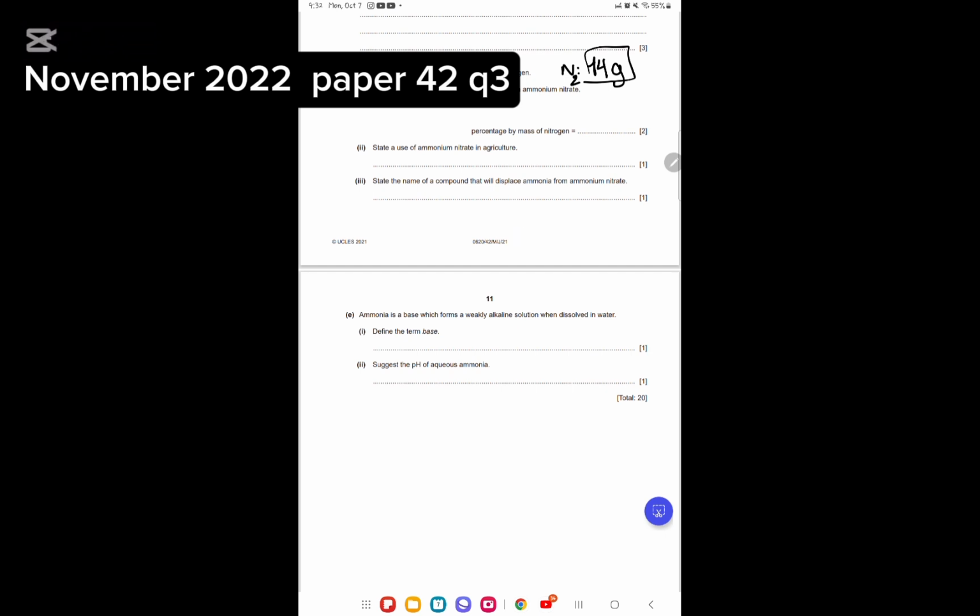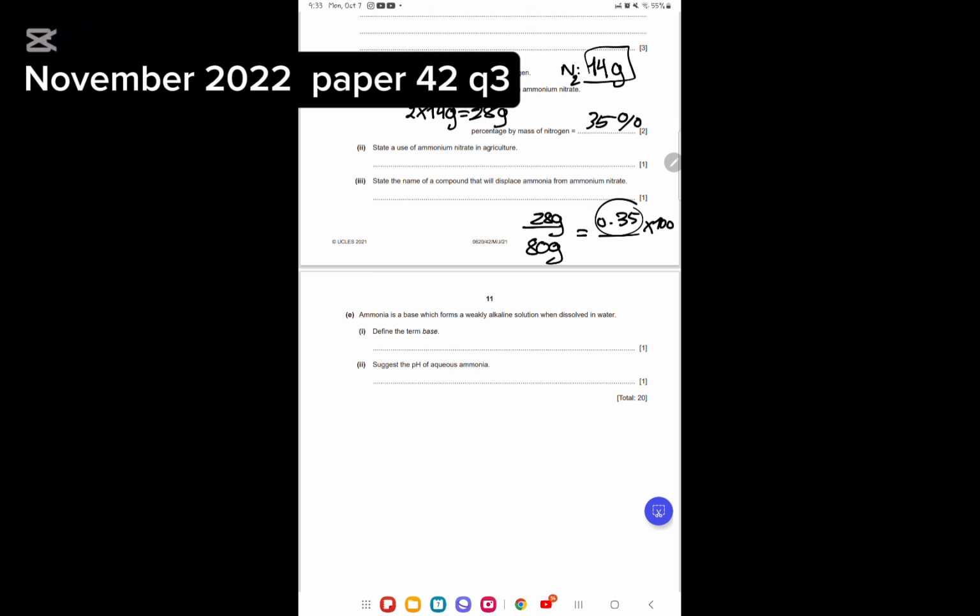So here we have 2 nitrogen, so it's going to be 2 times 14 grams, which gives us 28 grams. All right, so then we're going to do 28 grams over the total mass, which is going to be 80 grams. And so then if you do it, you will get 0.35, but we need it as a percentage, so we're going to multiply by 100 and we will get 35%.